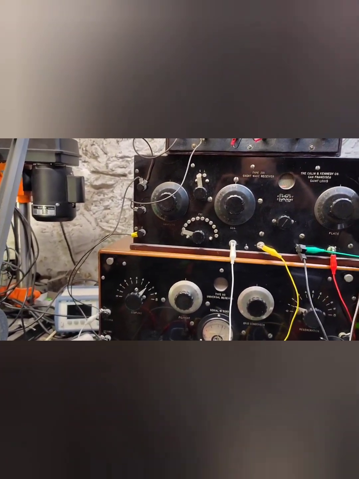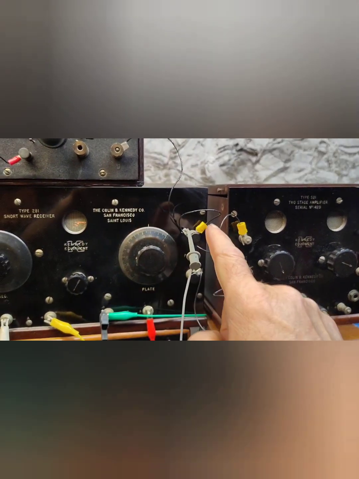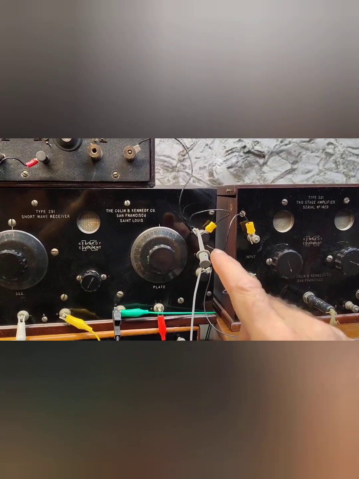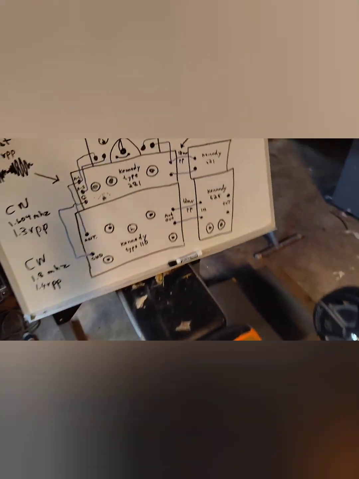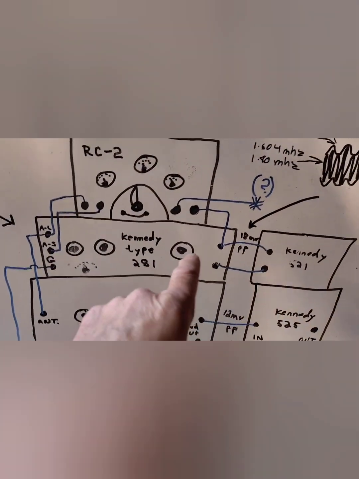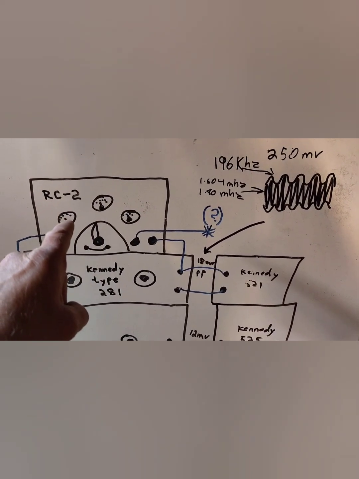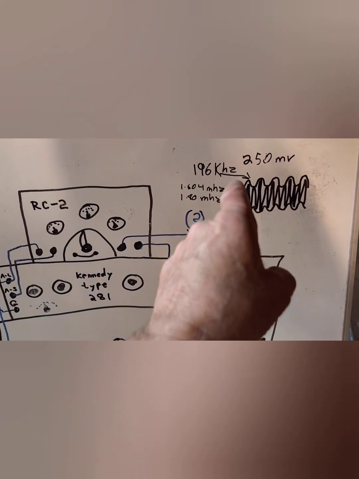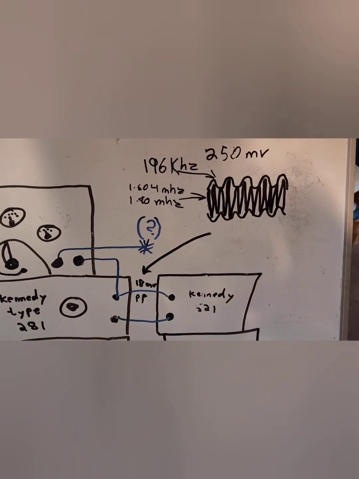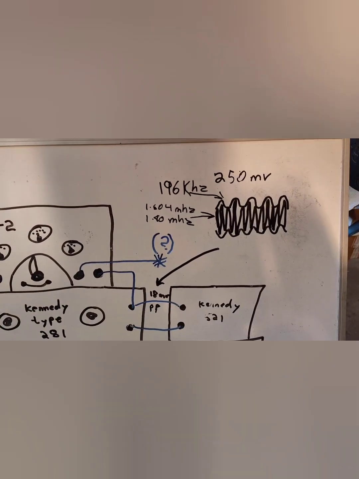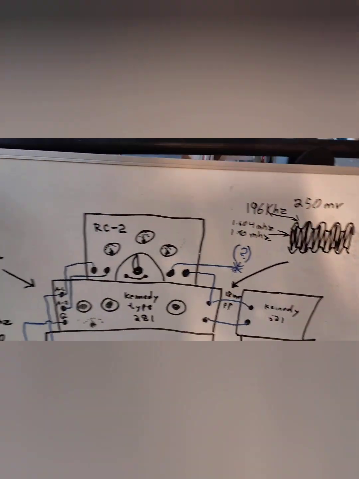Now, if we connect our scope probe to the output of the second Kennedy, this is where, let me go back to the diagram. This is where the diagram gets real busy. The second Kennedy output is connected to the output of the RC2, and here we find an interesting waveform. It looks like an AM waveform of the signal.